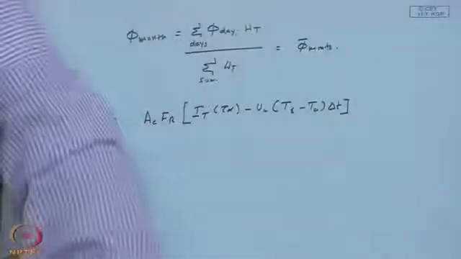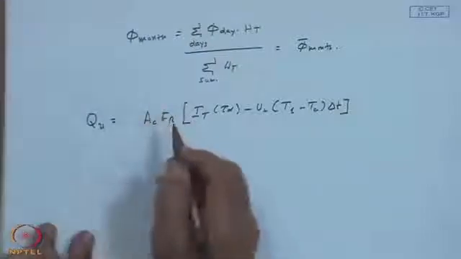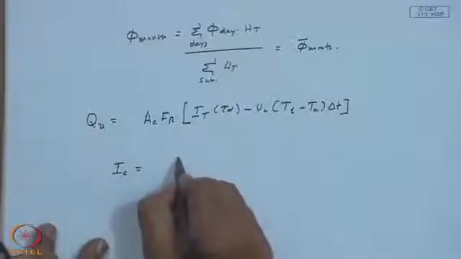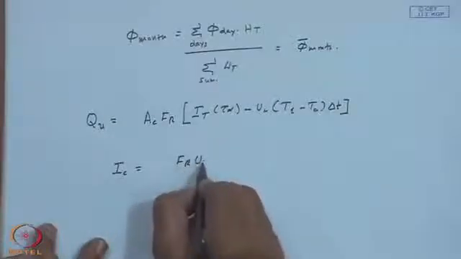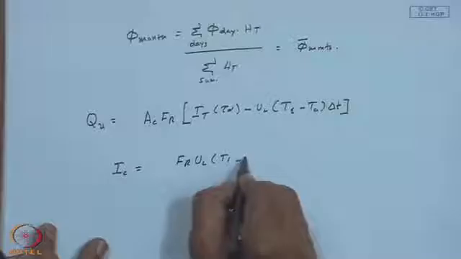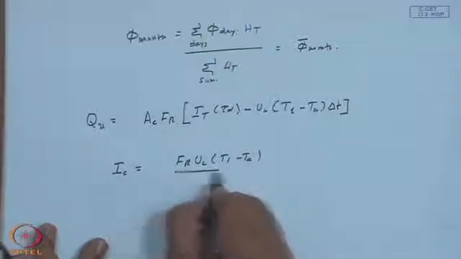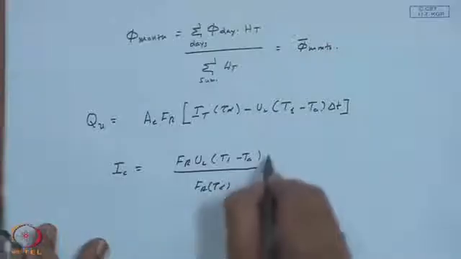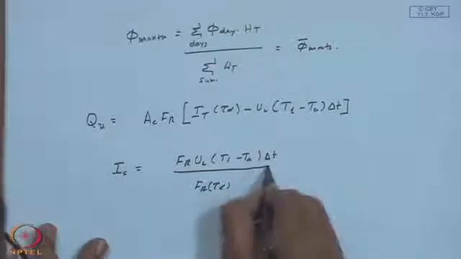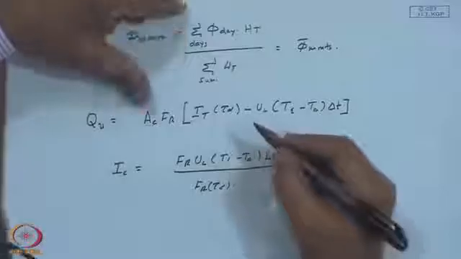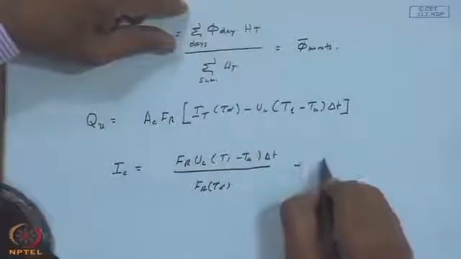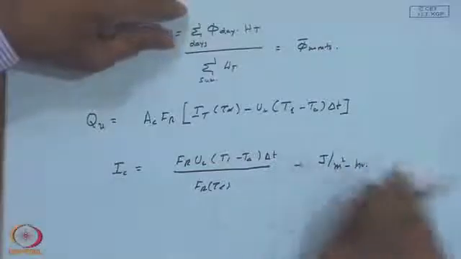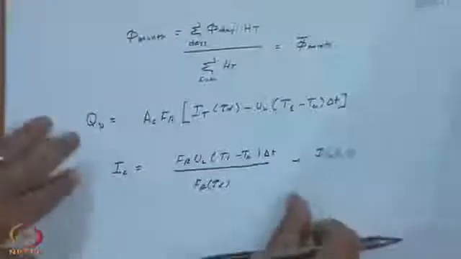So, if you set Q u equal to 0, the critical level can be obtained by F r U L times T i minus T a by F r tau alpha times delta t. If it is for a period of 1 hour, I will get it in joules per meter squared hour.